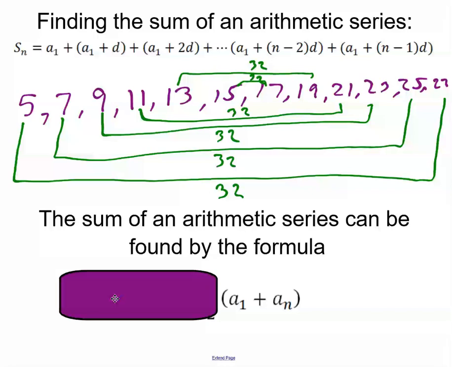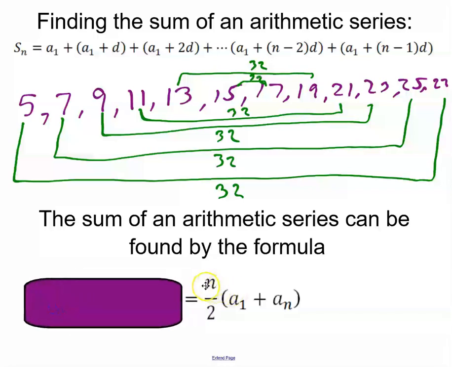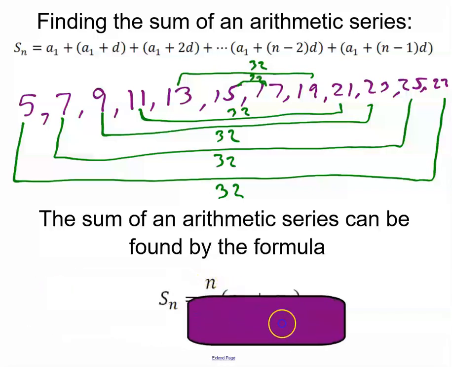The other thing we would need to know is how many pairs we have. So here we can count 1, 2, 3, 4, 5, 6. I have 6 pairs, but we don't even need to actually physically pair them up, because if you know you have 12 terms in the sequence, your number of pairs is going to be that number divided by 2.